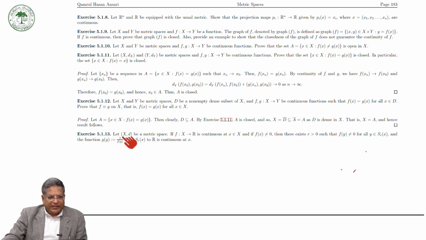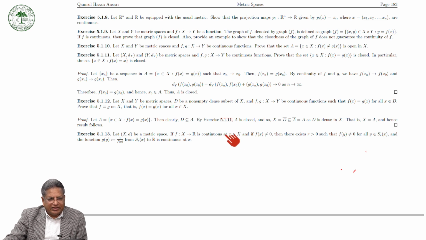So if f is a real valued continuous function on a metric space X, continuous at a point x, and f of x is not equal to 0, then prove that there exists an open ball around x such that the value of the function at every point in the open ball is also not equal to 0.